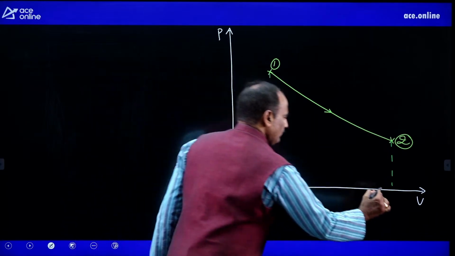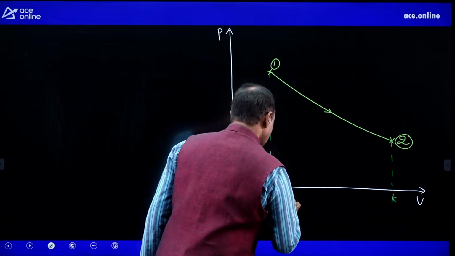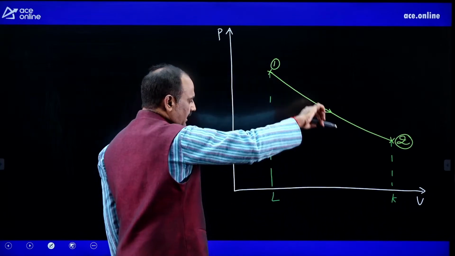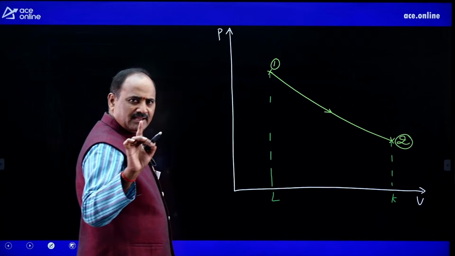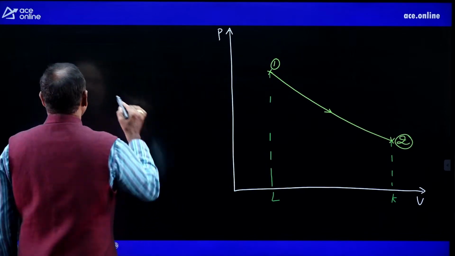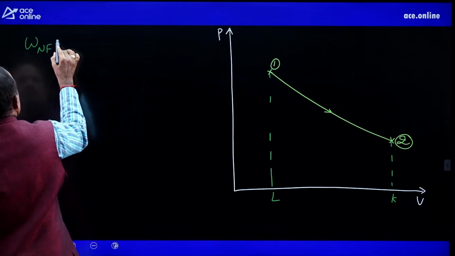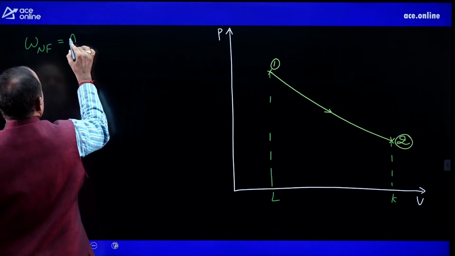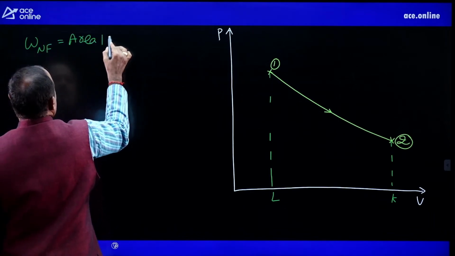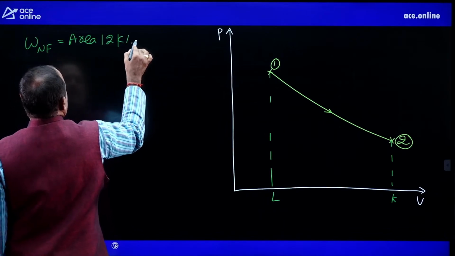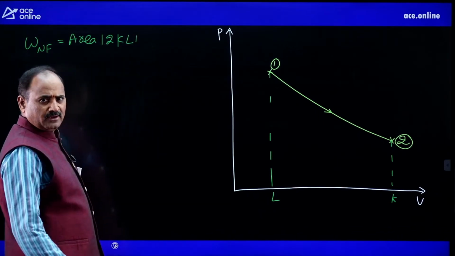Let us say 1 to 2, K, L1. Area 1 to 2, K, L1 is the non-flow work. So, non-flow work is equal to area 1 to 2, K, L1. That is the non-flow work.